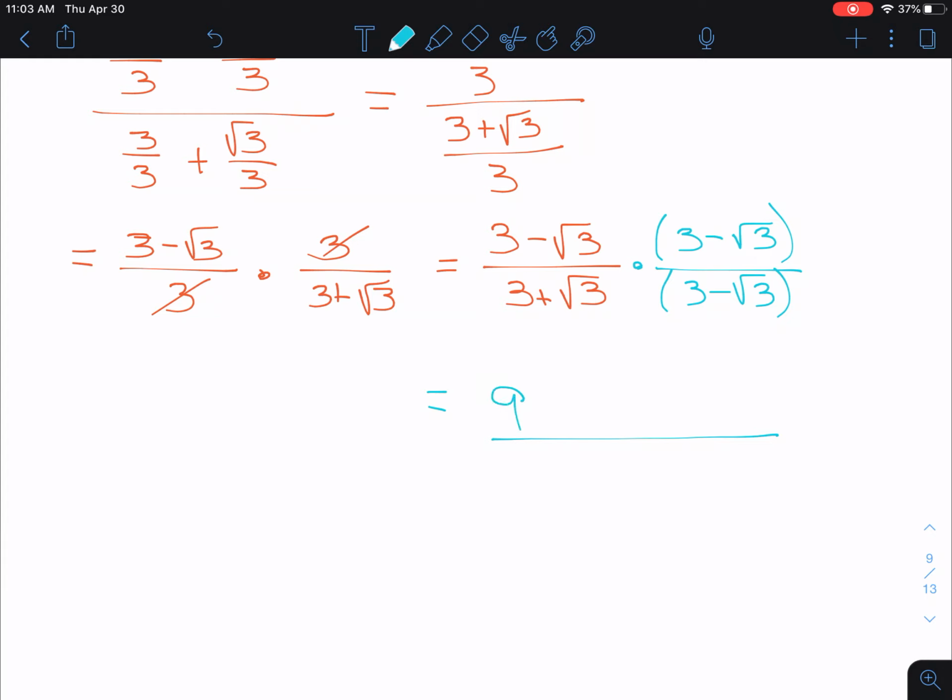So now I'm going to do 3 times negative root 3, which would give me negative 3 root 3. Okay, so now I'm going to take negative square root of 3 times both of these. So that would give me negative 3 root 3. And now I'm going to do negative square root of 3 times negative square root of 3, which would be positive square root of 9.